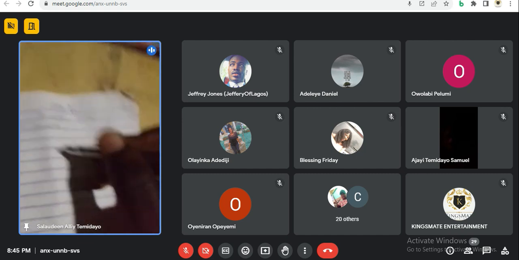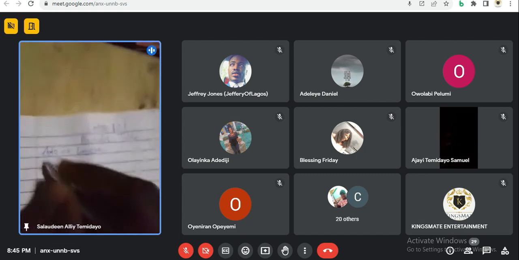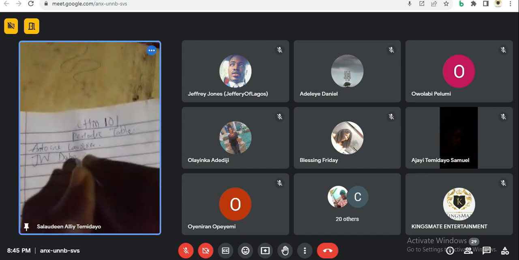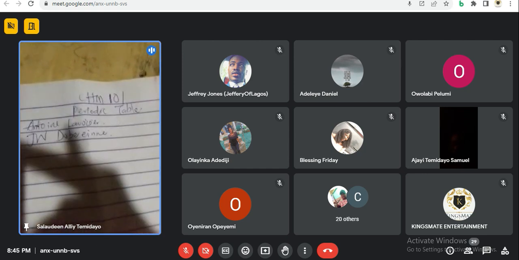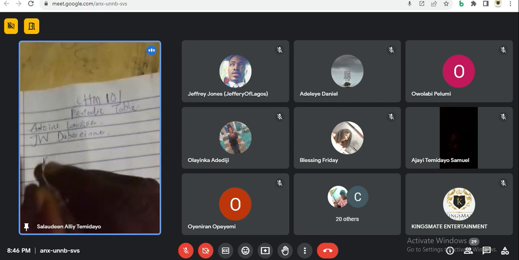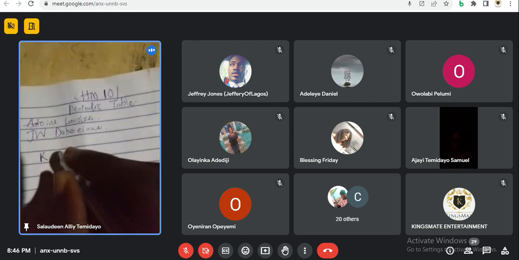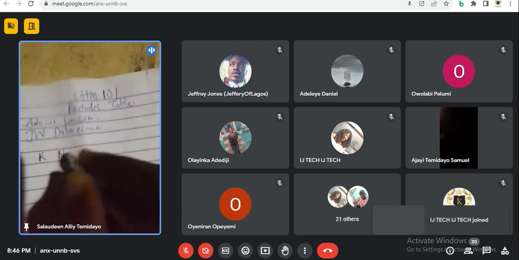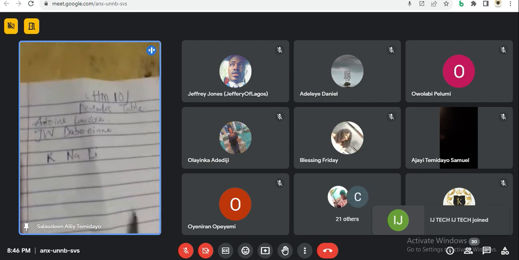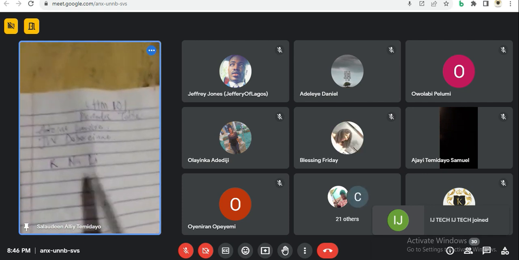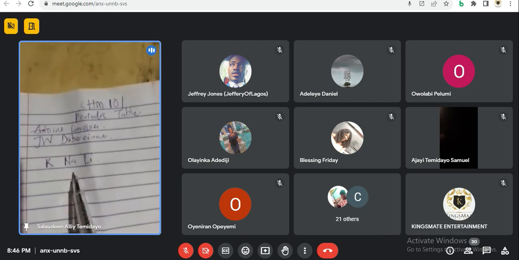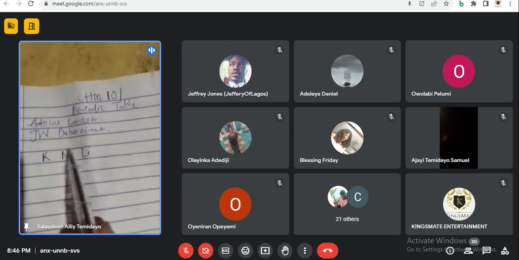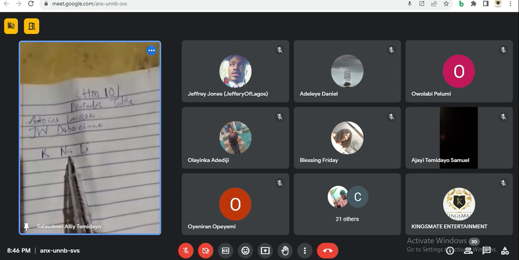So now the element that is at the middle, what J.W. Dobereiner is telling us is that for these 3 elements, he said lithium, sodium, potassium, if we add the weight of potassium and the weight of lithium together and divide by 2, we are going to get approximately the weight of sodium.